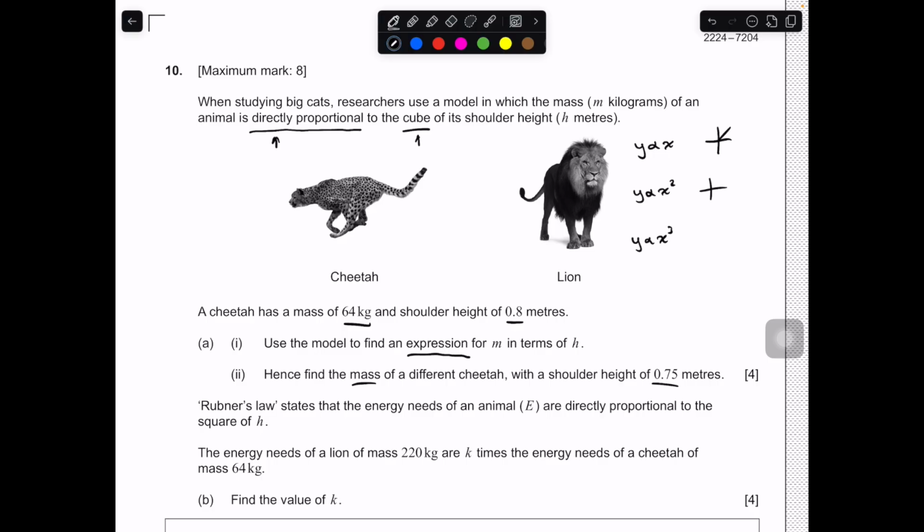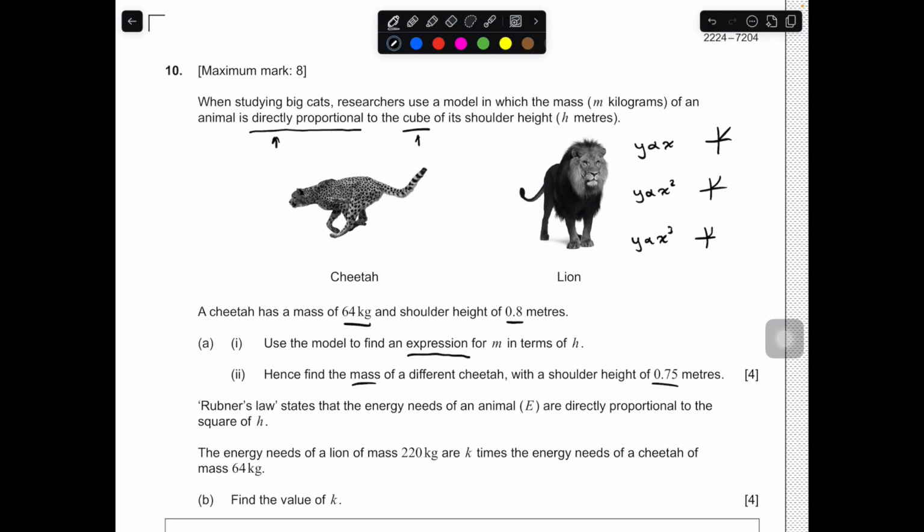Y is directly proportional to the square: an increase of one leads to an increase in the other by the square of that value. And then y is directly proportional to the cube of x, where an increase in one variable leads to an increase in the other by a cubic factor of whatever increase we had.